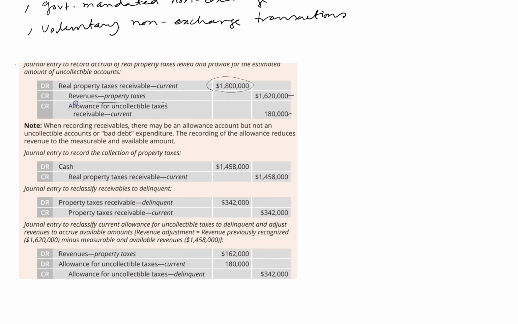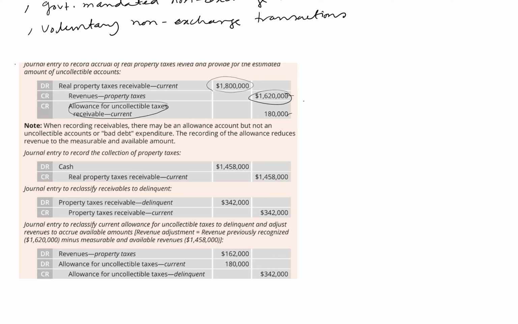Remember, this allowance is used as a contra revenue, and that is reducing your revenues. So the whole amount, 1.8 million, is not the revenues. After subtracting the allowance, we show the remainder as revenue. So this is not used as a bad debt expenditure. This is directly reducing your revenues.